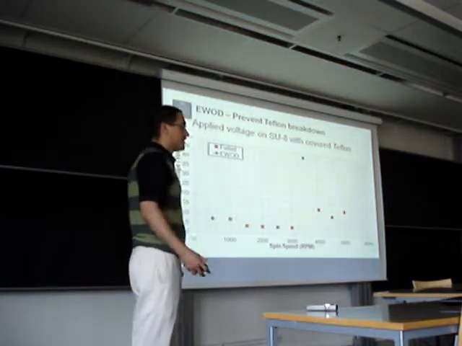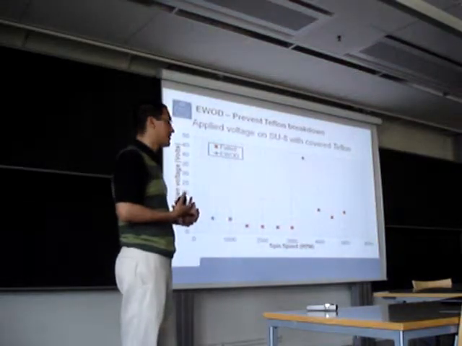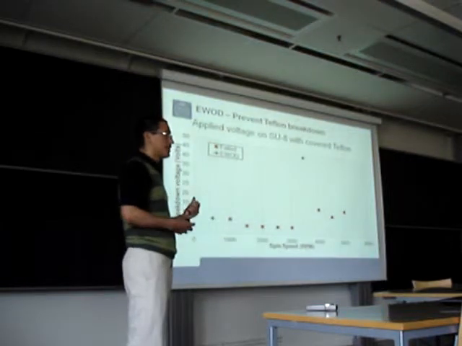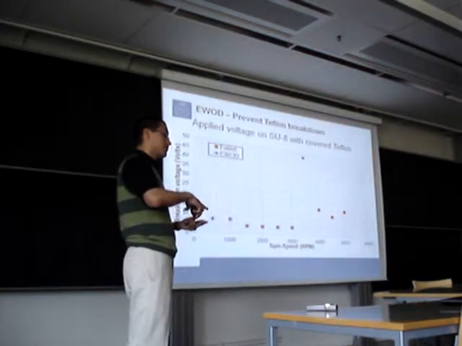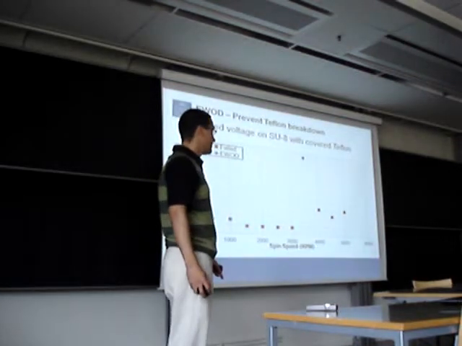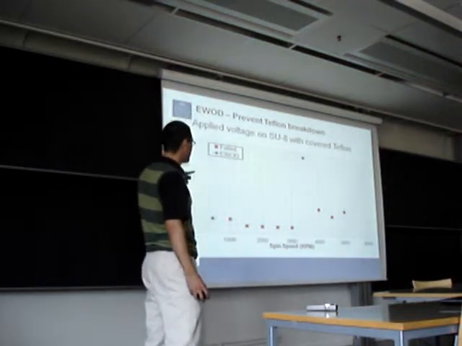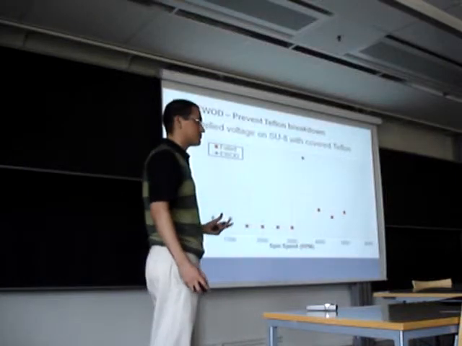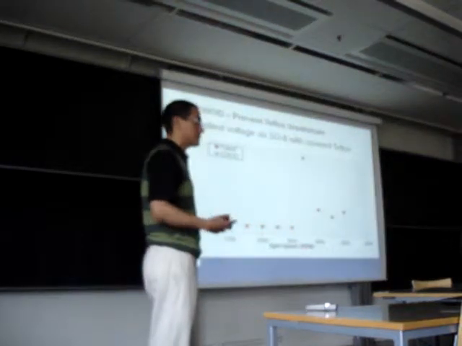I tried to avoid this breakdown by pouring some SU8 on top and then Teflon on top of the SU8. But all of them failed at a certain voltage, and I only found two that showed electrowetting, but not breakdown.